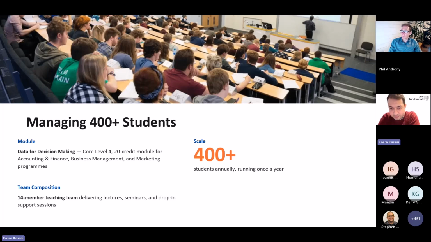So it's a massive module. The module explores methods to handle and analyze data and quantitative information, to tell a story out of it and to justify the conclusions and the decisions. The module runs only in semester 2, but it serves more than 400, 500 students at a time. So it also has a very large teaching team.